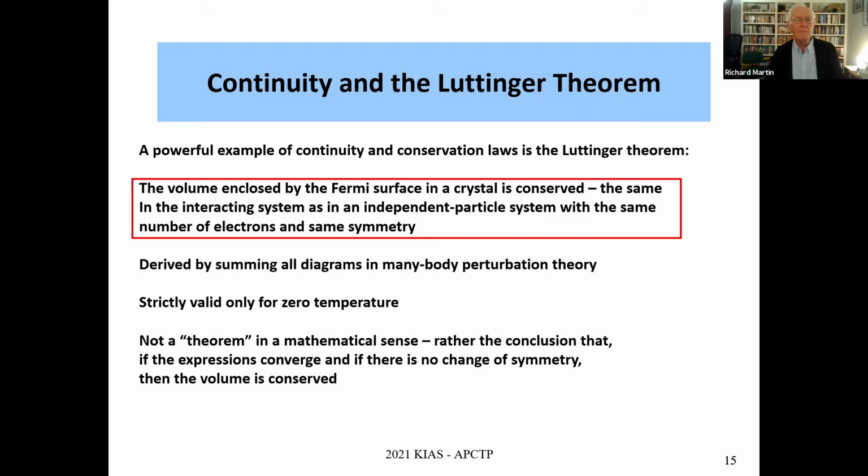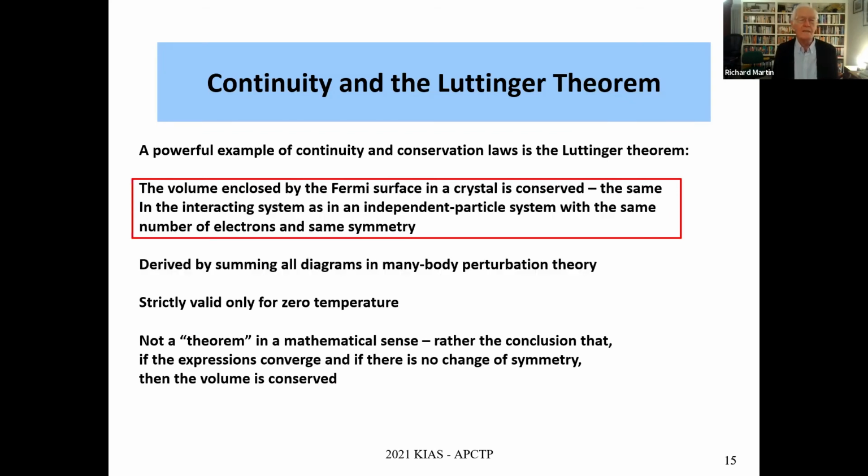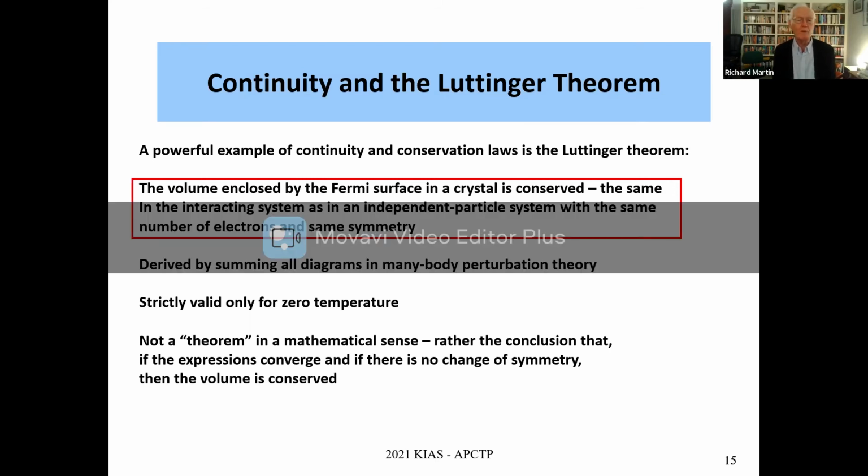This is a powerful example of using continuity and conservation laws, and it states that the volume enclosed by the Fermi surface in a crystal is conserved. That is, it's the same in the interacting system as in an independent particle system with the same number of electrons and the same symmetry. This is derived by summing all diagrams in many-body perturbation theory, and it's strictly valid only at zero temperature.